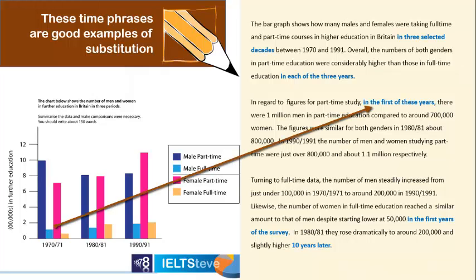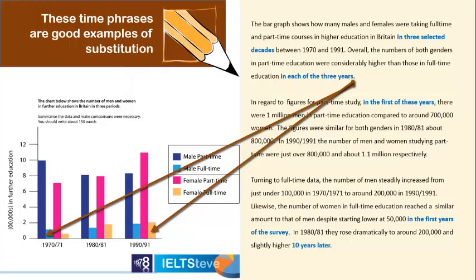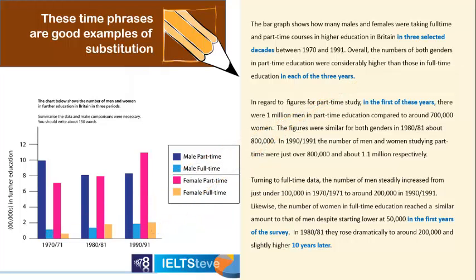You see that used there, and then almost the same down in the third paragraph in each of the 3 years, referring to 1970, 71, 80, 81, and 1990, 91. Good phrases to use. Okay, 10 years later is a good one at the end as well. That's substituting for 1990 or 1991.